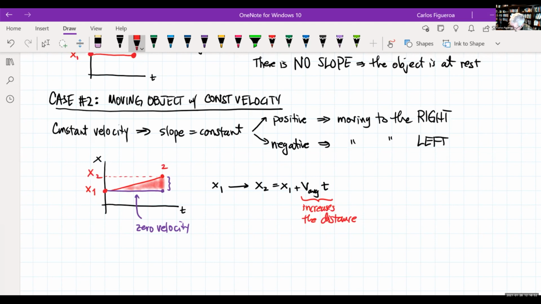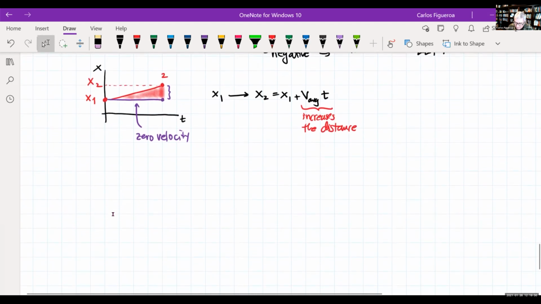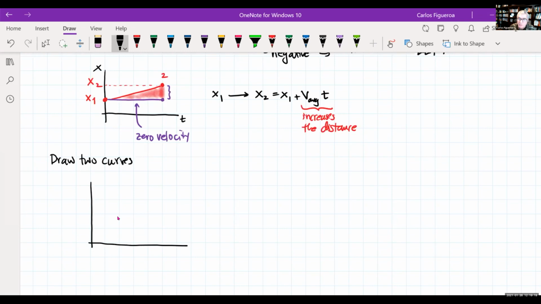But now, let me redraw this just a little bit more so that I can be a little bit unified in how I explain this. So here I go. What I'm going to do is draw two curves. If I draw two curves, what does it look like? I'm going to redraw the red one.